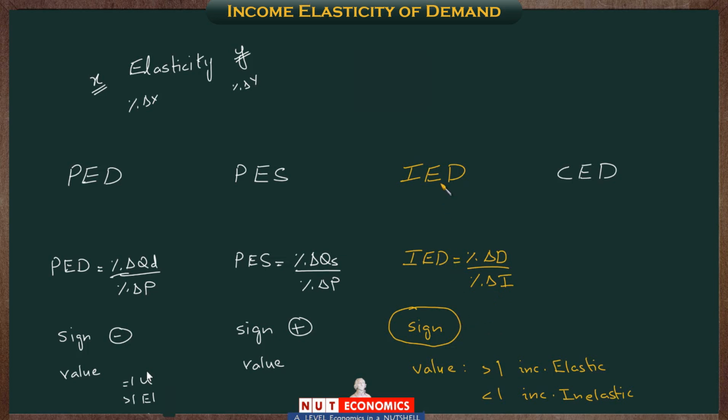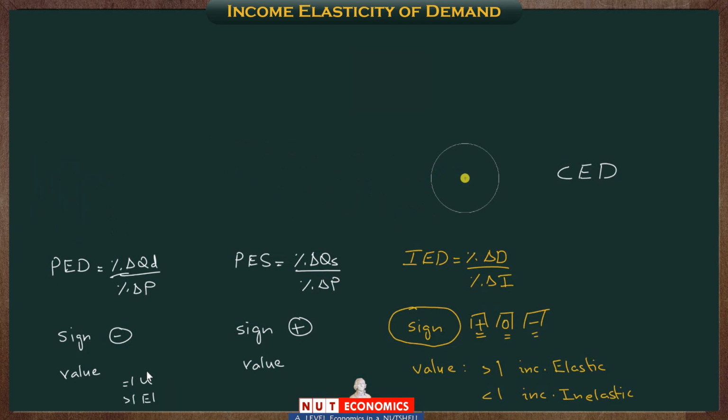And what differentiates IED from the first two elasticities is that unlike PED and PES, where PED is always negative and PES is always positive, IED, the income elasticity of demand, can be positive, can be negative, and can be zero. And all of these signs hold very important economic meaning, and the thing that you will be asked in your A-level exam repeatedly will revolve around the economic meaning of these different signs of IED.